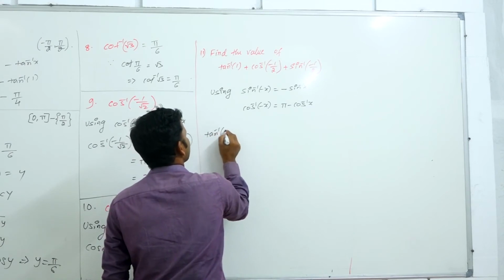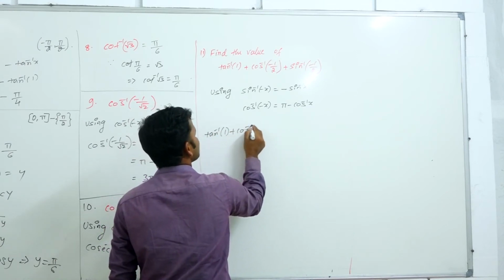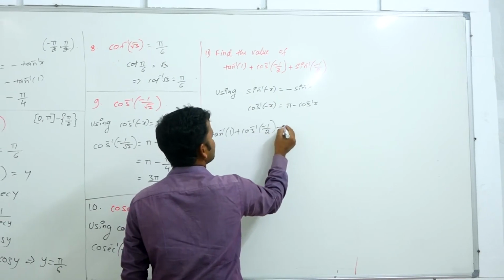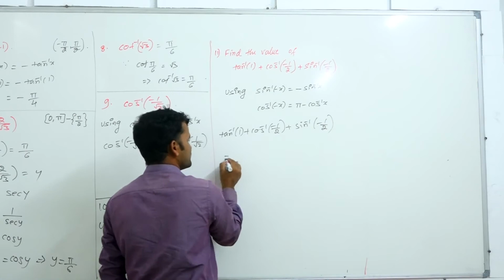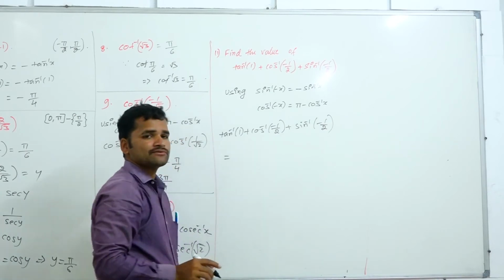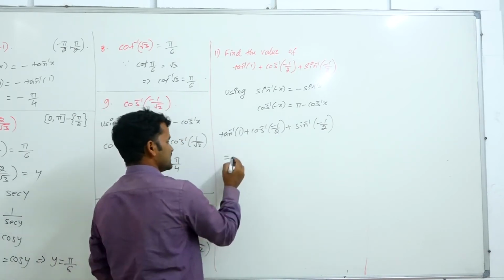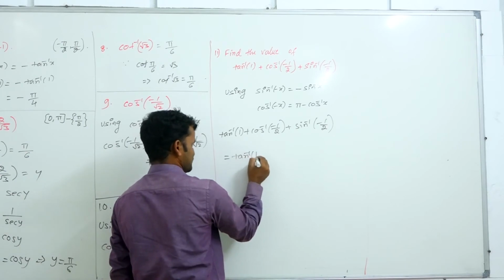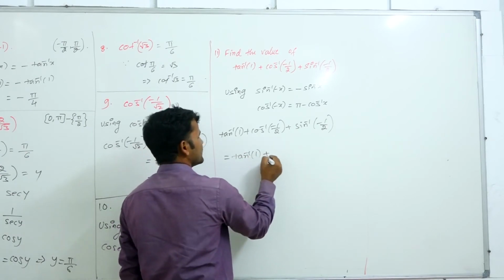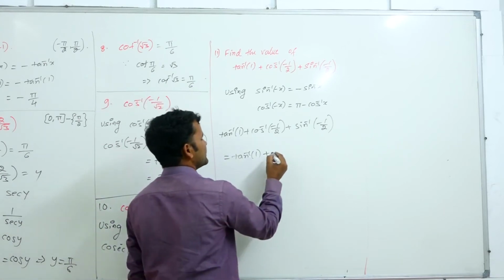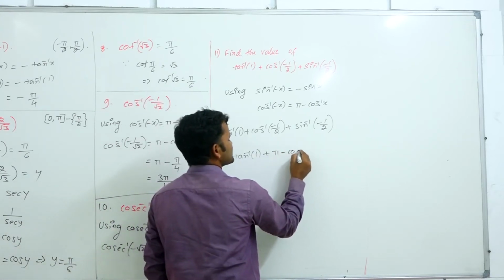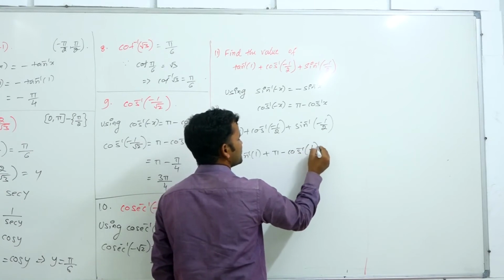Tan inverse of 1 plus cos inverse of minus 1 by 2 plus sin inverse of minus 1 by 2, which is equal to tan inverse of 1. Let me put once again same tan inverse of 1. I am using the property here, cos inverse of minus x, that is pi minus cos inverse of 1 by 2.